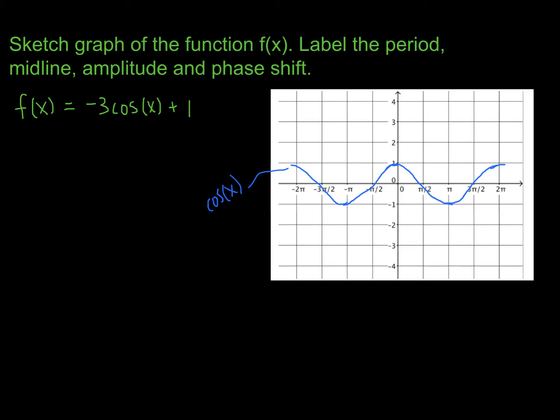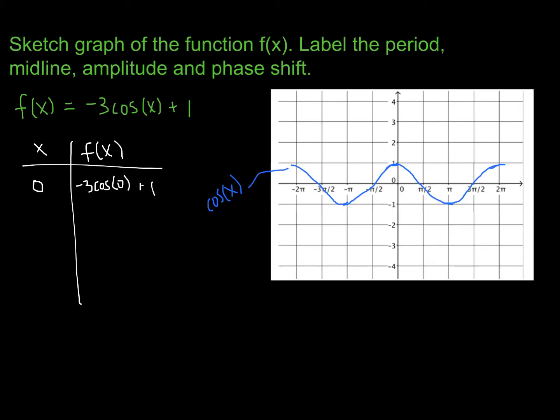Now, that might be a little challenging, and so you may still want to create a table of values to evaluate this function and to plot some points. For example, if I were to plug in 0, then I would have negative 3 times the cosine of 0 plus 1.